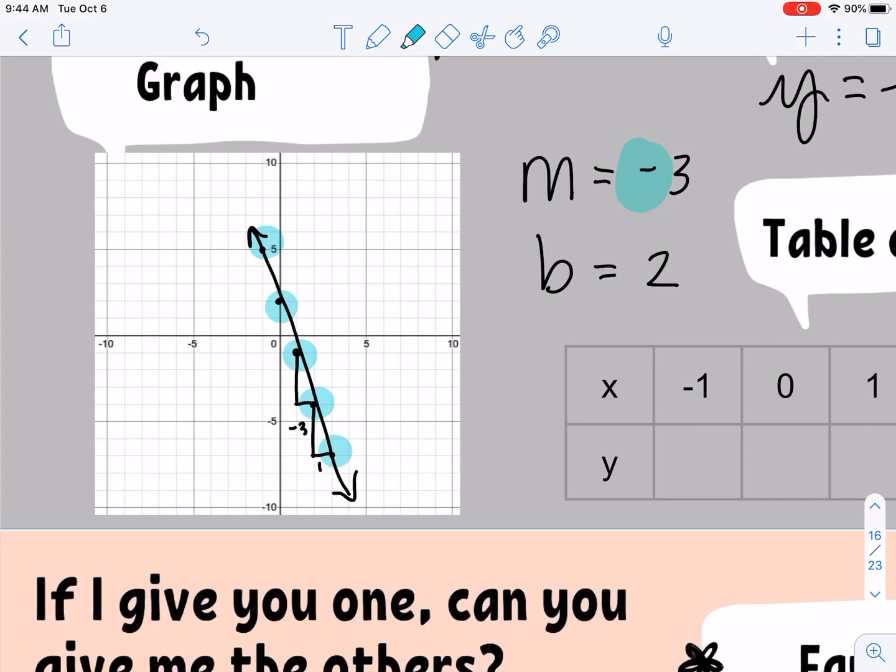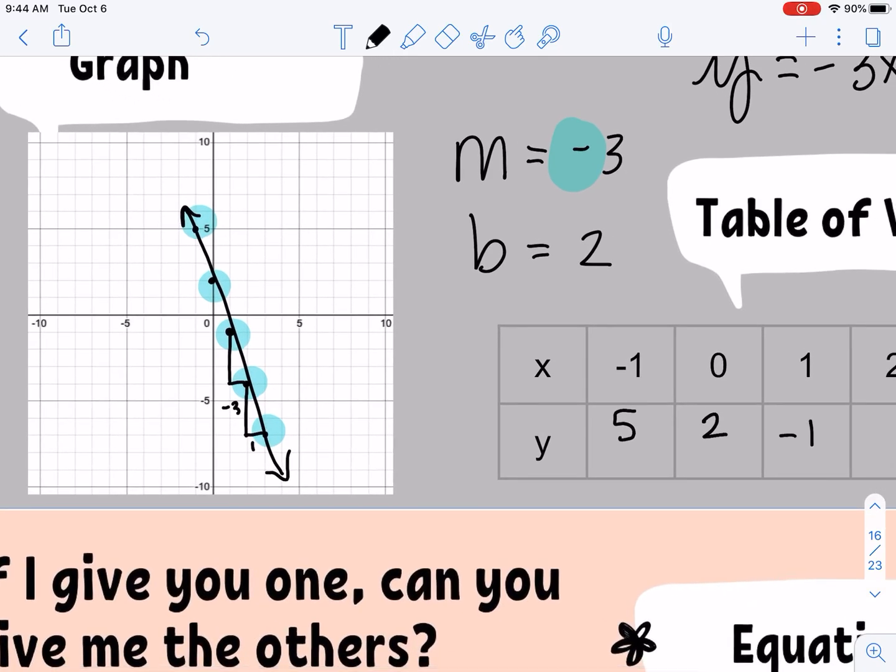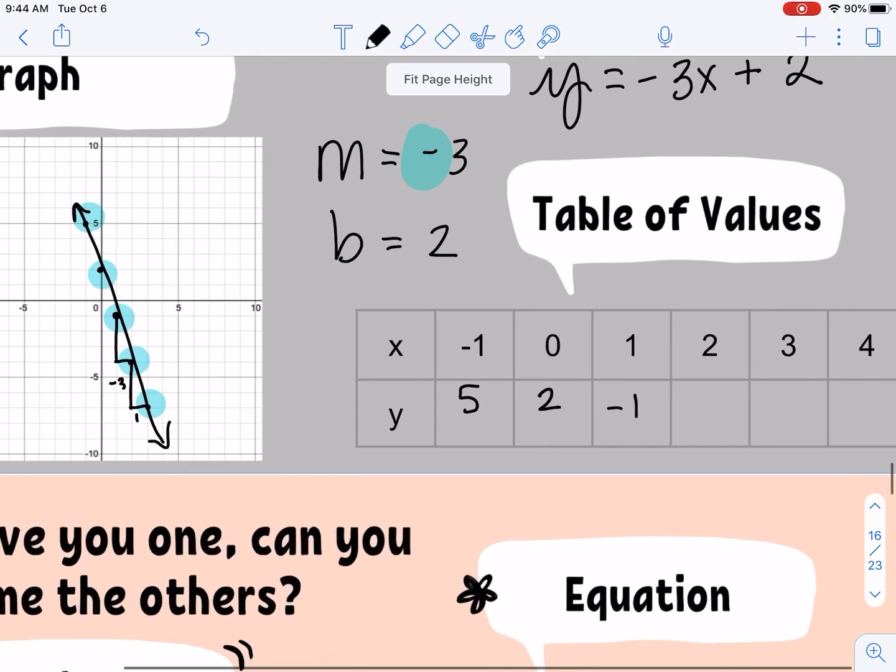So I have negative 1, 5, and 0, 2, and 1, negative 1, and 2, negative 4, and 3, negative 7, and I didn't plot the fourth one.